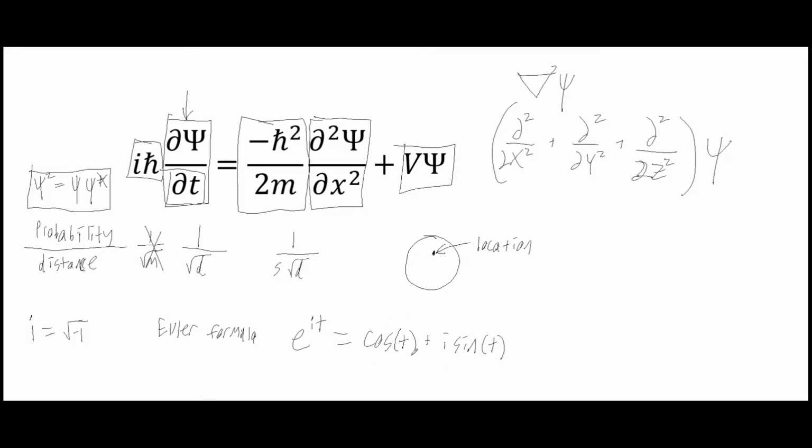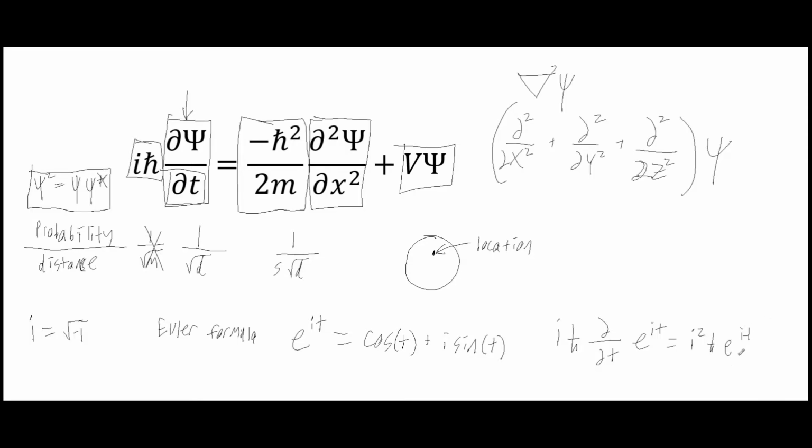And you can tell that that works because if we have, say, for instance, i h bar and then our partial with respect to time, and we take this partial with respect to time, what we actually get is i squared, because that i comes down when we take the derivative, h bar e to the i t.